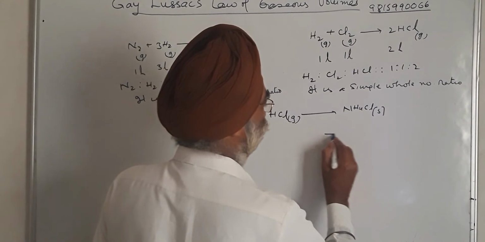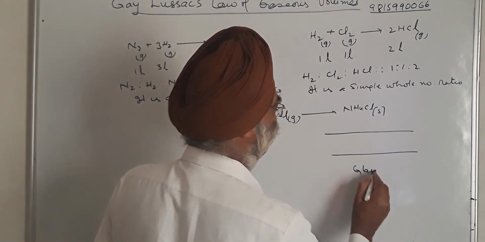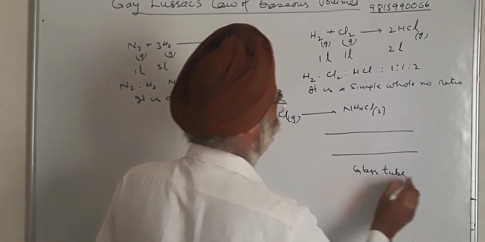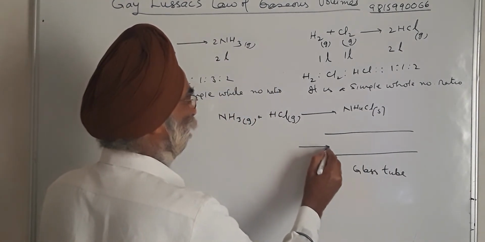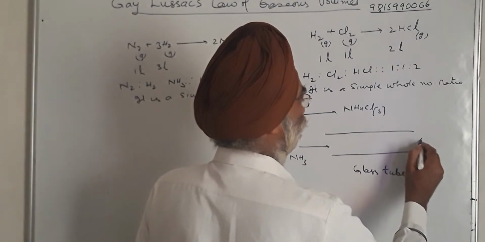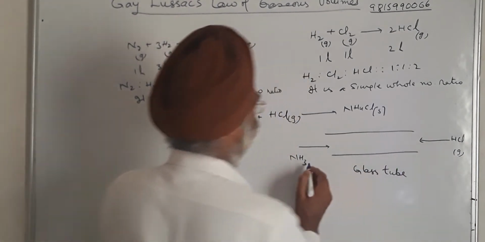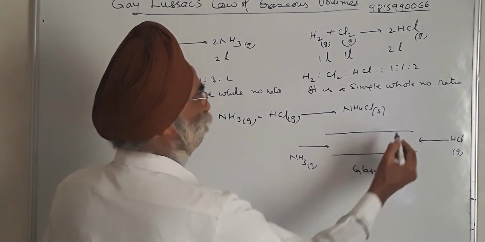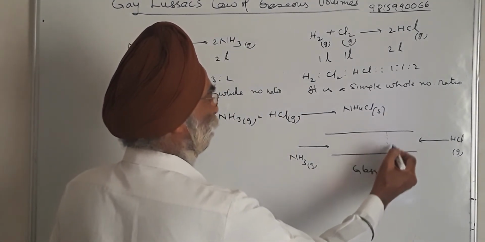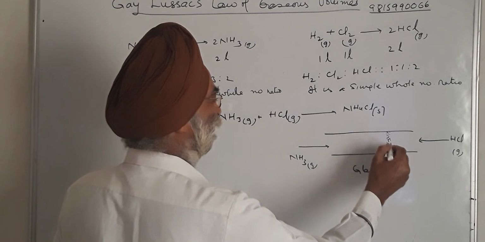We may observe it. This is a glass tube. We introduce ammonia from this end and HCl from this end. Ammonia is a gas, and at this spot we find white opaqueness.